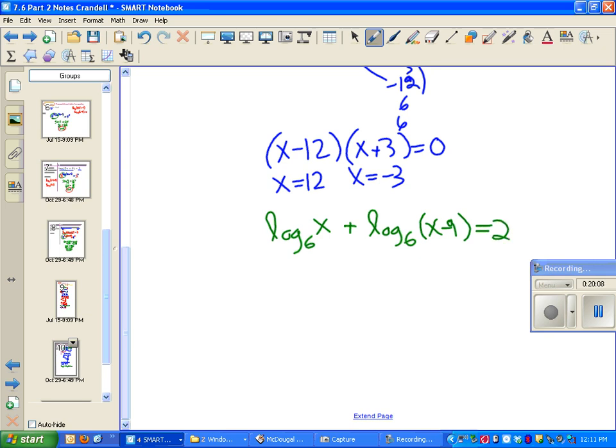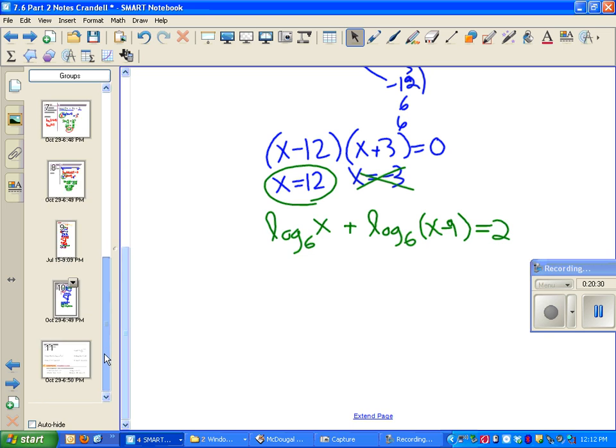All right, so if I plug 12 in, that's okay. And then 12 minus 9 is 3, so that's okay. So this works. Negative 3, if I just plug in negative 3, that does not work, and it doesn't work on the other one. So that one is not a solution, it's just the 12. So if you got the 12 all by yourself, great job. You can totally do this.